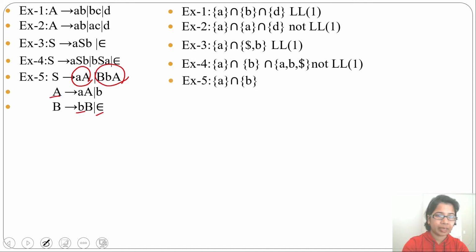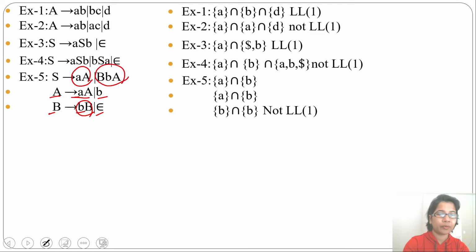Next check for A. First of this will be A and first of this will be B. Now check for this. First of this will be B and there is epsilon, so you need to check follow of B. Follow of B will be terminal B. Now B is common in first of this part and follow of B, so this is not LL1.